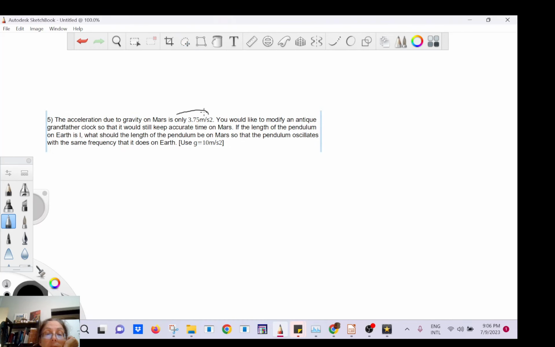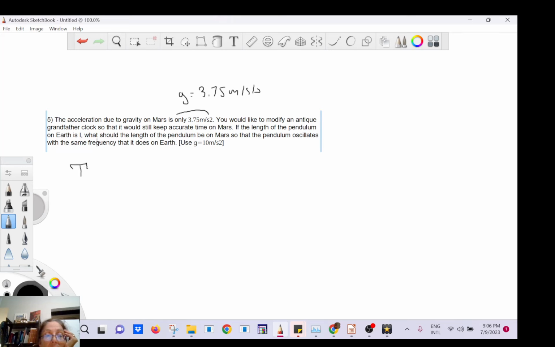So mass, you have G equals 3.75. So on Earth, the length is L, and you want to change the length on Mars so they have the same frequency.